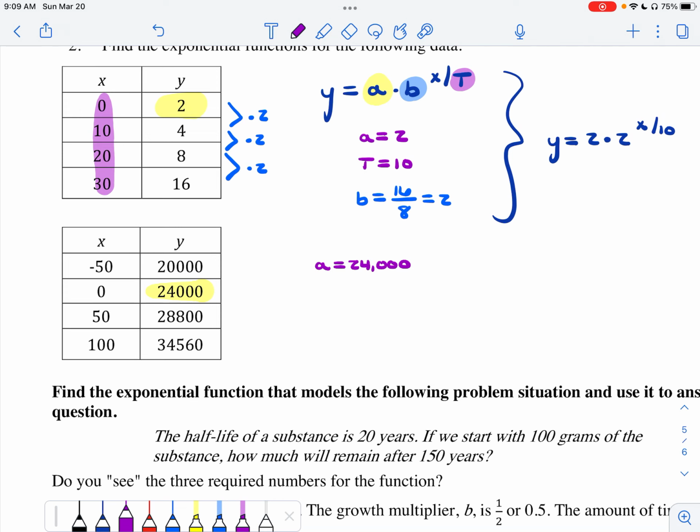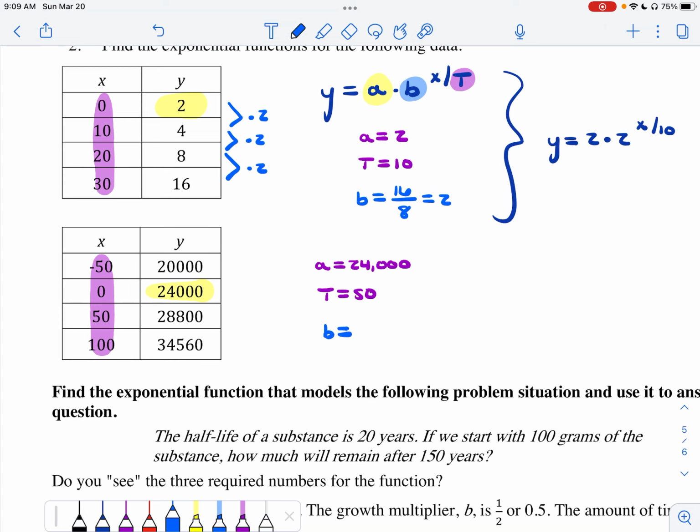Our t value is usually pretty easy to see as well. We're just looking at how we're counting our x's in the table. From -50 to 0 to 50 to 100, we're counting by 50s. So our t is 50.